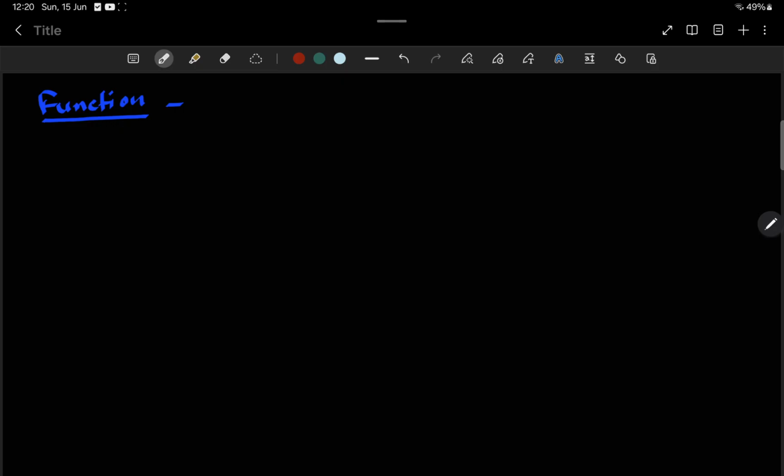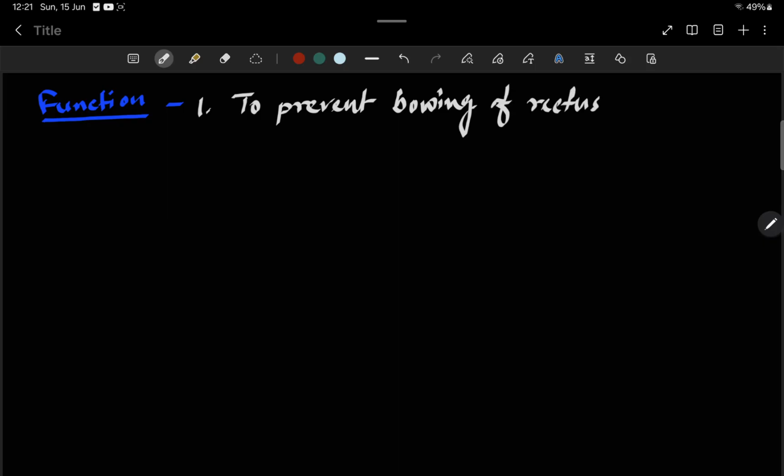Okay, number one is to prevent bowing of rectus abdominis muscle.